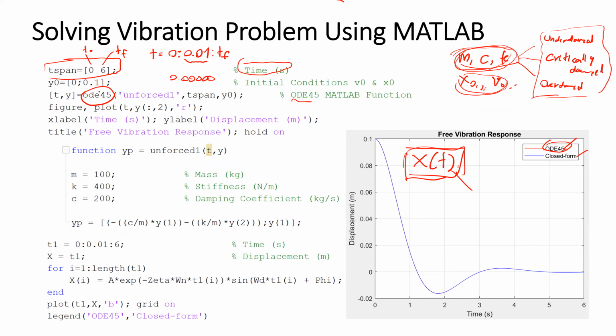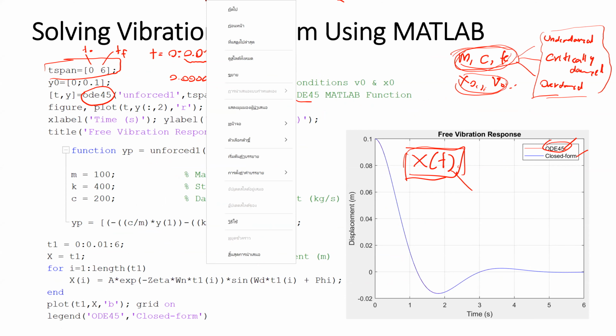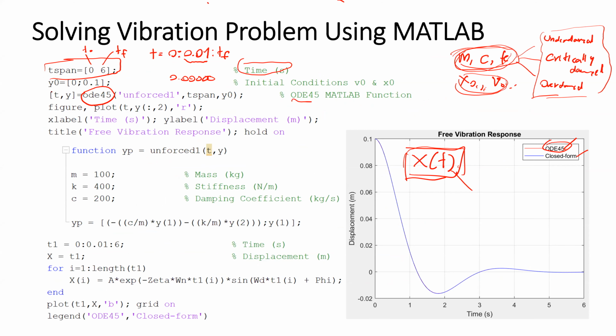Yeah. And to use the function ODE45, this will be the value that the function gives you back. The function will give you the variable y and give you the time back.